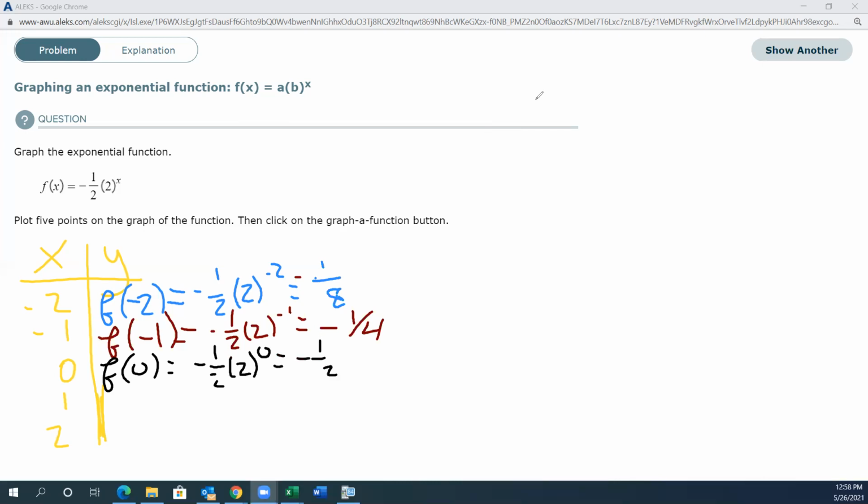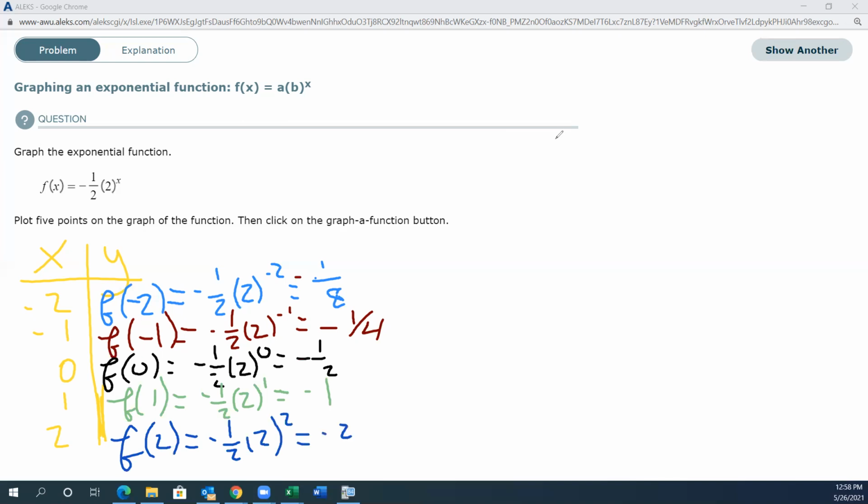We can go to f of 1, which will be -1. And last but not least, f of 2, which will be -2. Okay, cool.